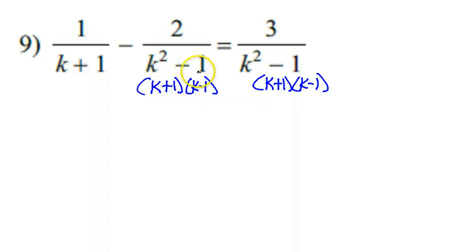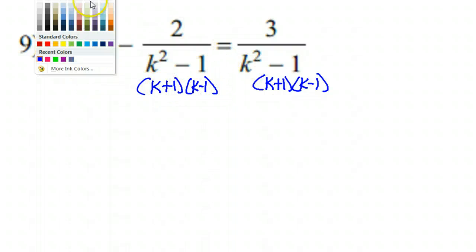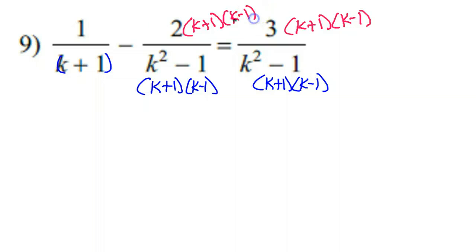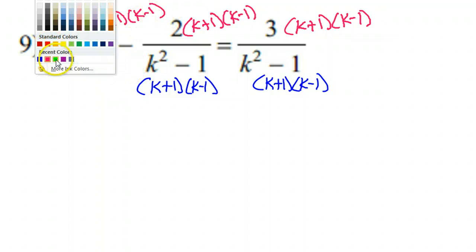All right, we have to factor these things. So, the only factors I see are k plus 1 and k minus 1. So that's what I'm going to multiply by. All right, let's see what cancels out.